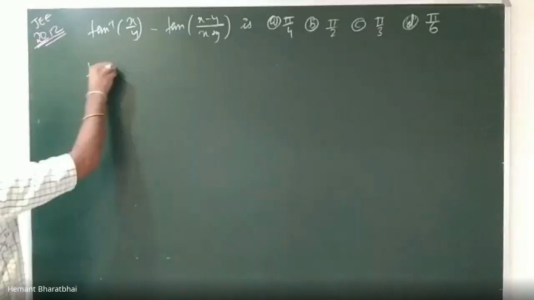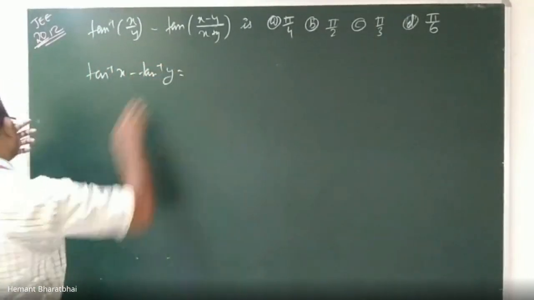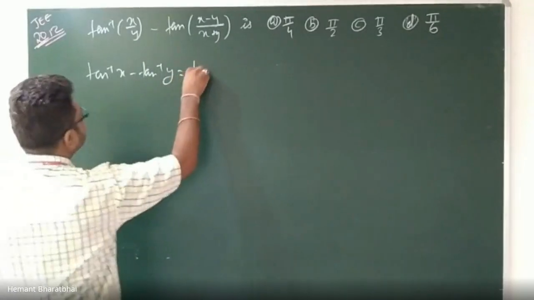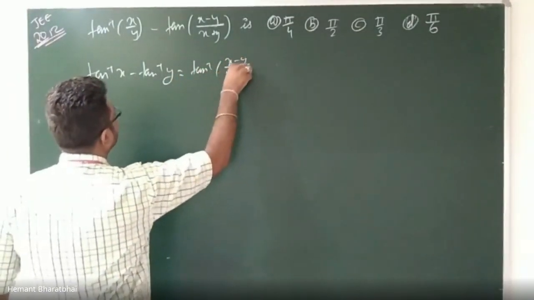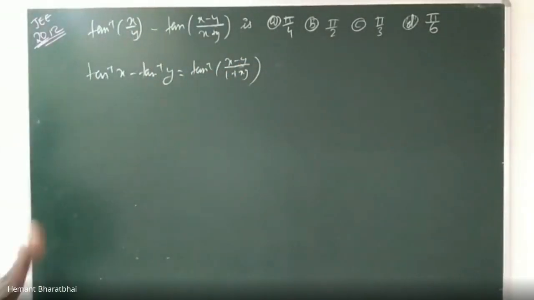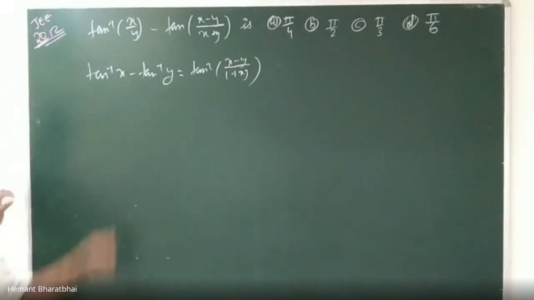So we have the formula: tan inverse of x minus tan inverse of y is nothing but tan inverse of (x minus y) upon (1 plus xy). Here instead of x we have x by y, and instead of y we have (x minus y) upon (x plus y).